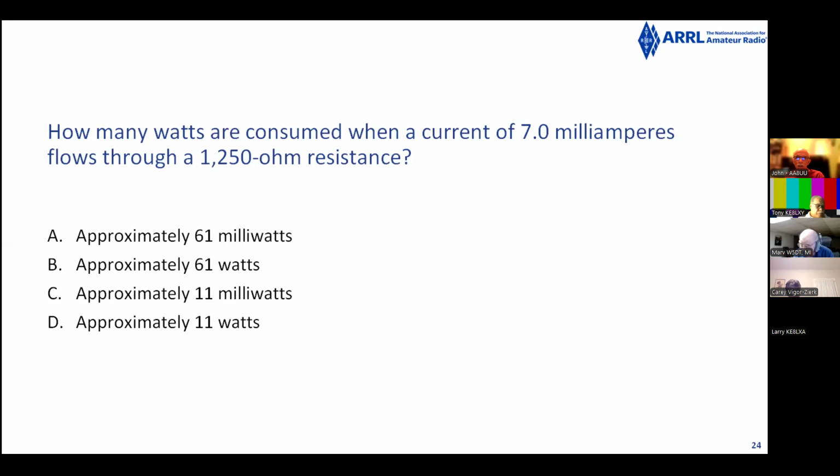And then times 7 milliamps, and that'll give you the power, which is 61 milliwatts, yeah. I just pounded it out here on the calculator. Guess we could do the on-screen calculator. But that's the kind of thing. So 0.007 squared times 1250.